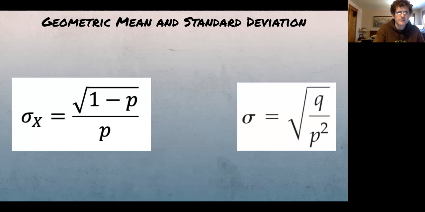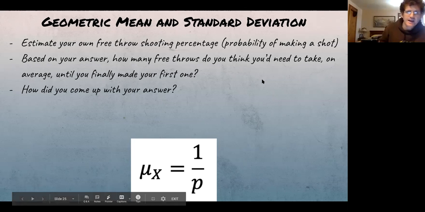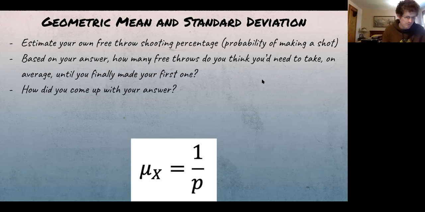The idea here, and I think it's fairly intuitive, is that if I've got a 20% chance of making a shot, then I could just do 1 divided by that probability. When I calculate this, it's going to take you about 5 shots until you get one.